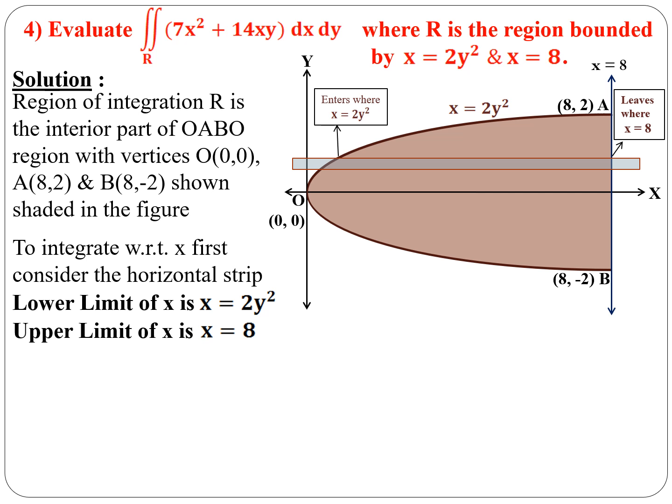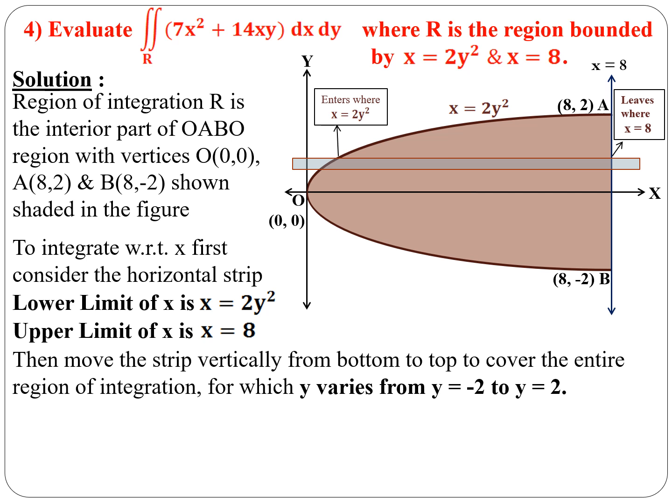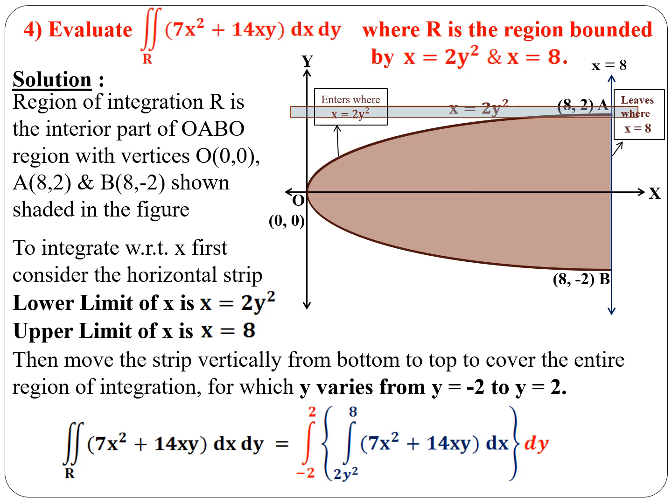Okay, so the x limits are clear. Now we will move this strip vertically and see at most from where to where it can move. From the lower side it can move from -2 to +2.